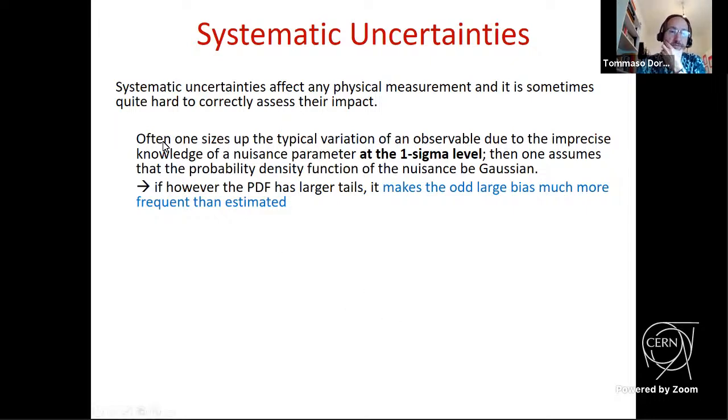What we can do typically when we know that we may have a systematic effect, a mismodeling or something like that, is to size up the typical variation of an observable due to imprecise modeling. So for instance, the background may be uncertain to some level. So we assess the variation of the background at 1 sigma. We say, if I change the model this way, the background will change to this number. If I change the model on the other side, the background will grow. And so I have a plus or minus 1 sigma estimate.